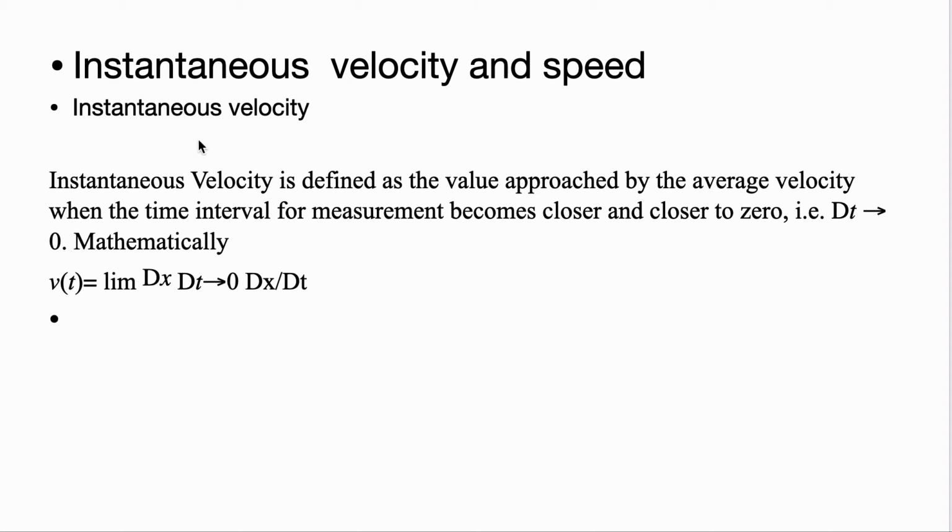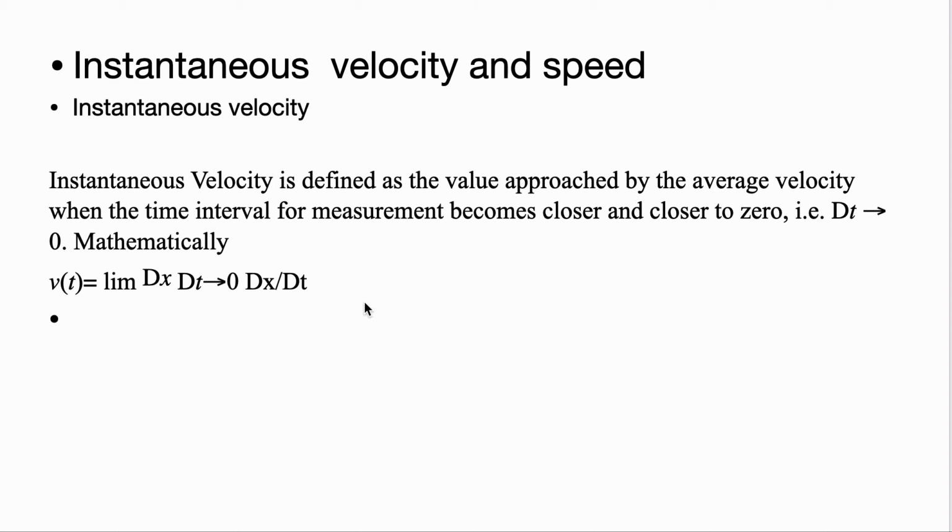So, the bookish definition. Instantaneous velocity is defined as the value approached by average velocity when the time interval for measurement becomes closer and closer to zero, that is dt tends to zero. Mathematically, v instantaneous is the limit dt tends to 0 of dx by dt.